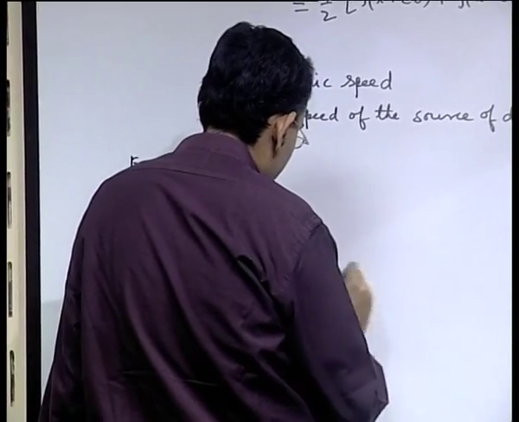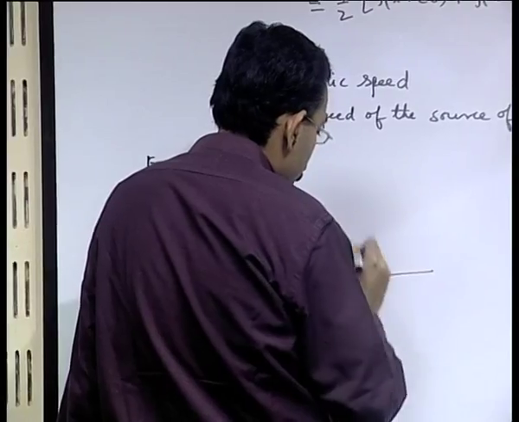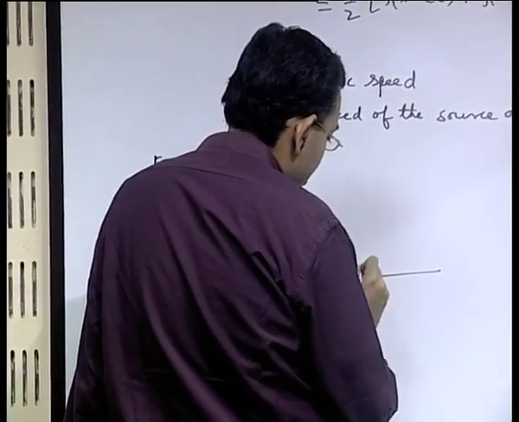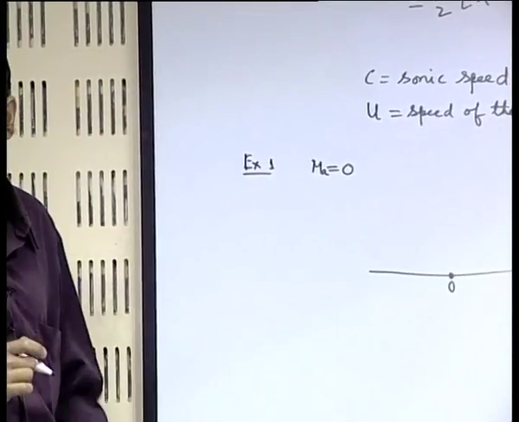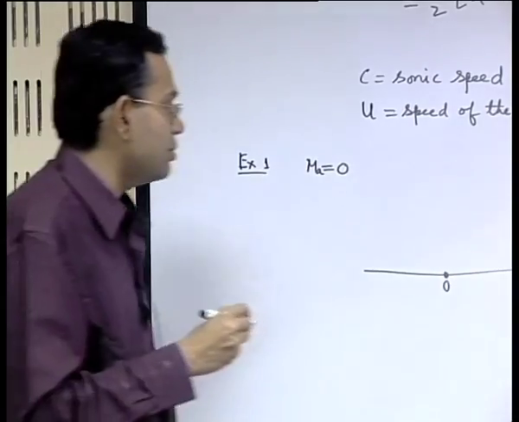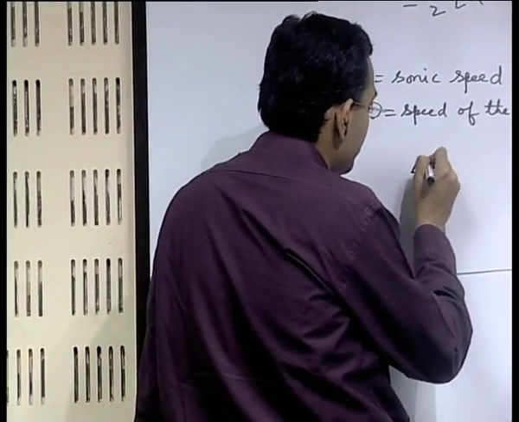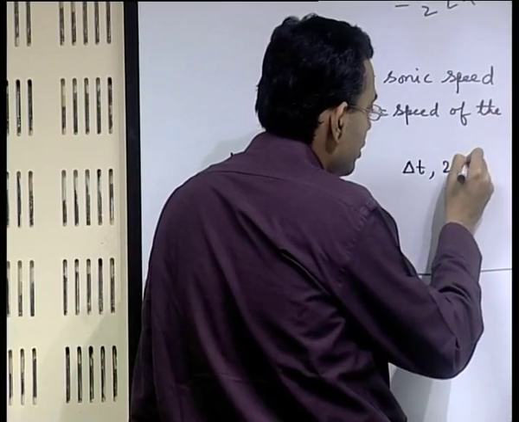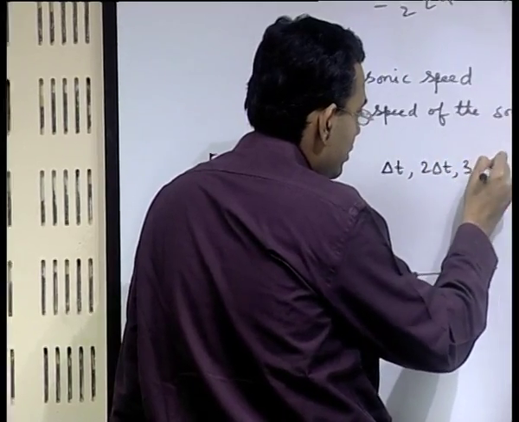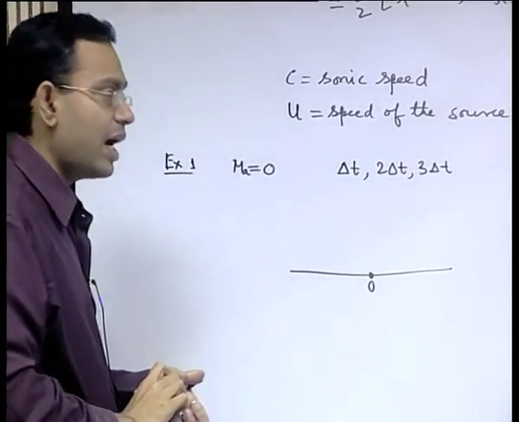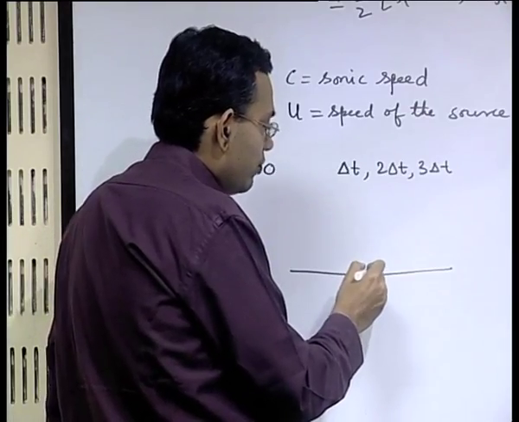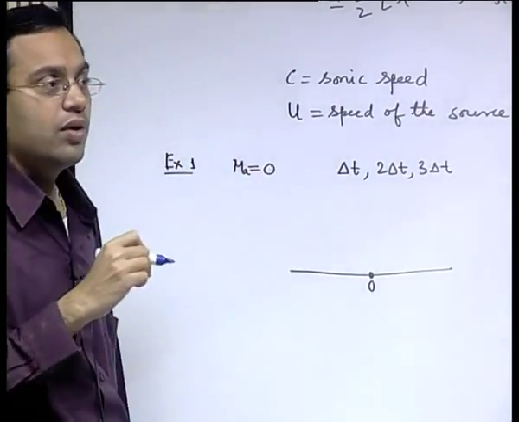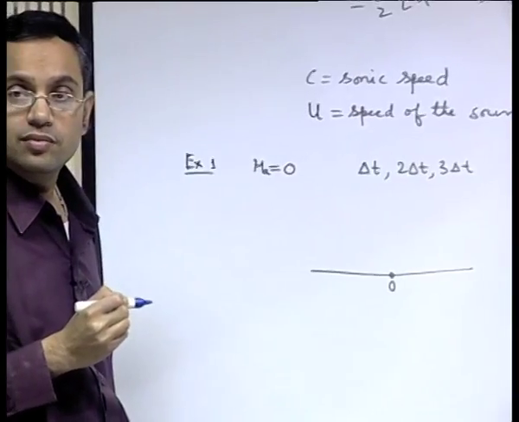So let us consider that there is a source which is located at 0, it does not move, it remains at that place. So let us consider some small time intervals, delta t, 2 delta t, 3 delta t, like that. So over a time of delta t, the source will emit a signal that will cover how much of a distance?